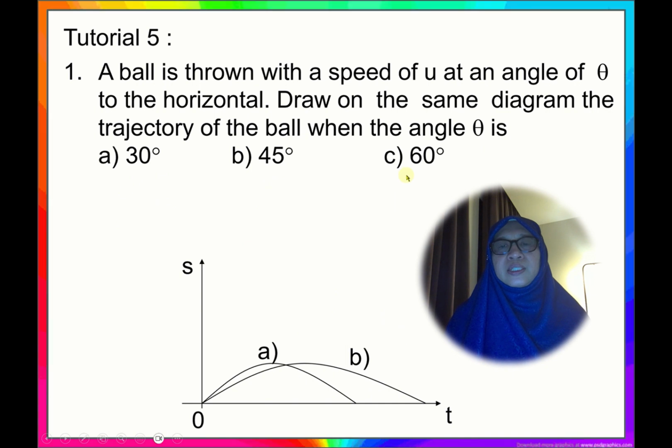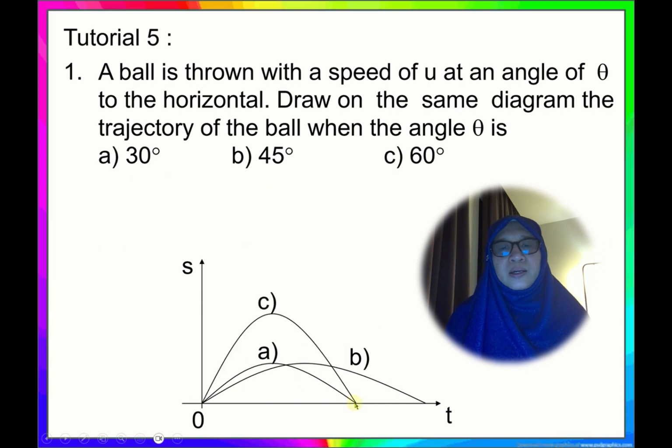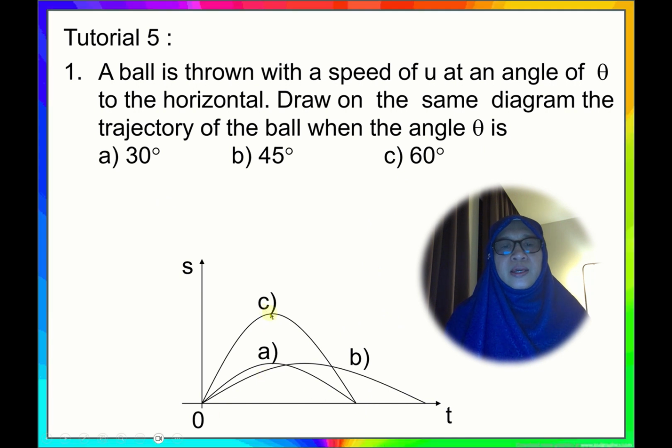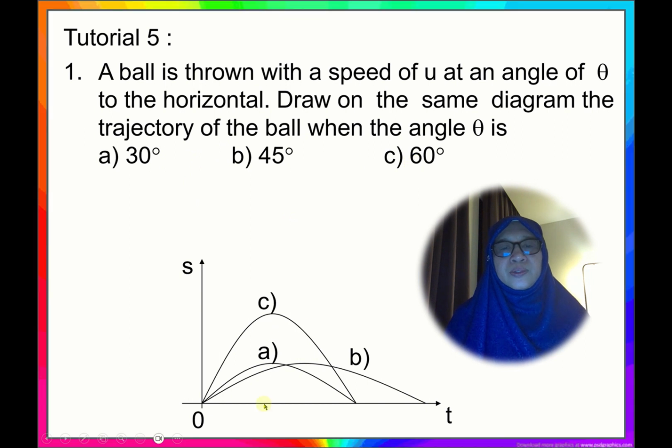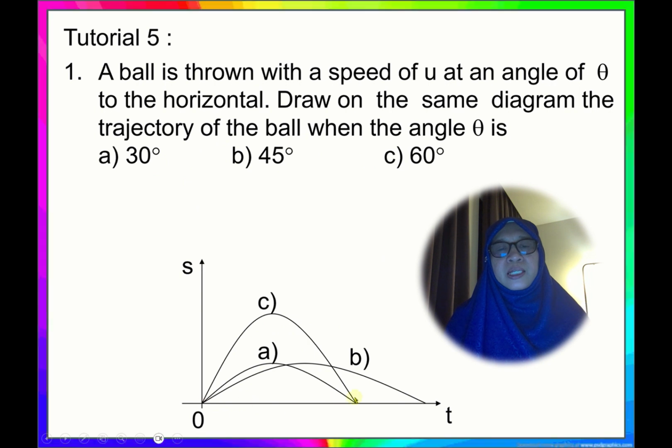And then for 60 degrees, we draw the same range as A, and the peak here is larger than A, because here you can see the relationship between the two angles. 30 degrees plus 60 degrees is 90 degrees. So that's why the parabolic curves have equal range.